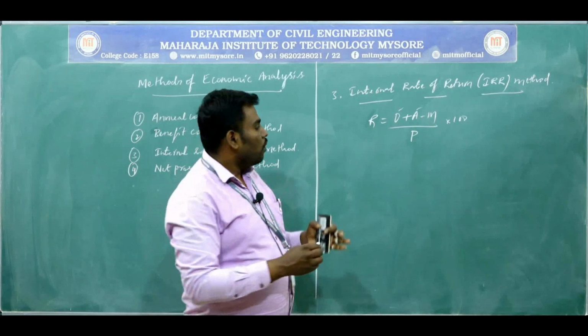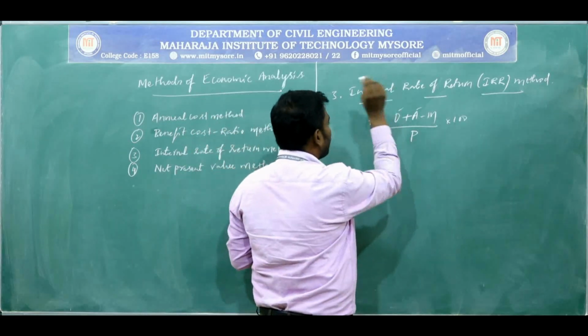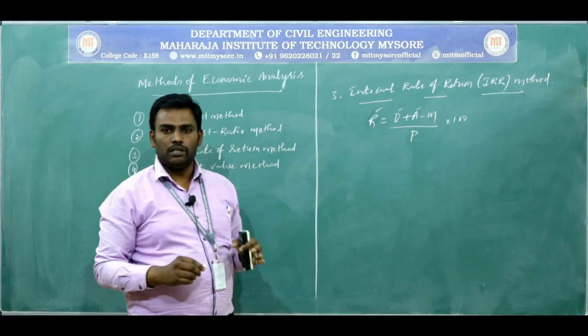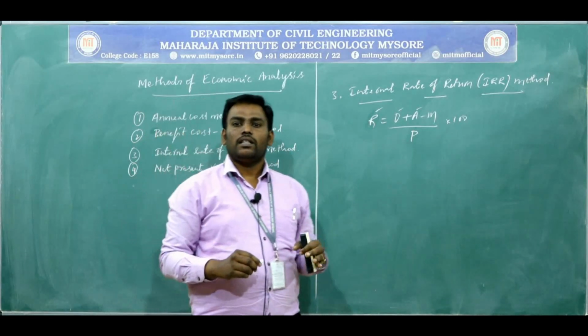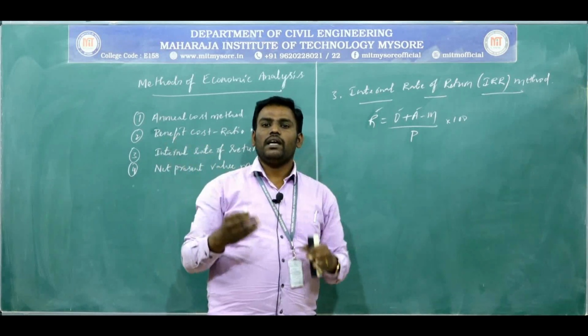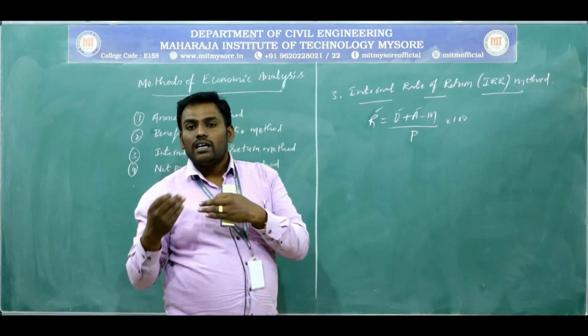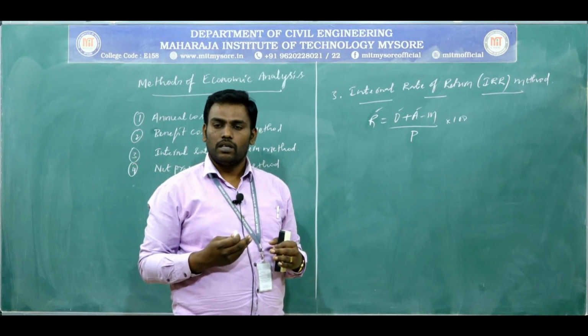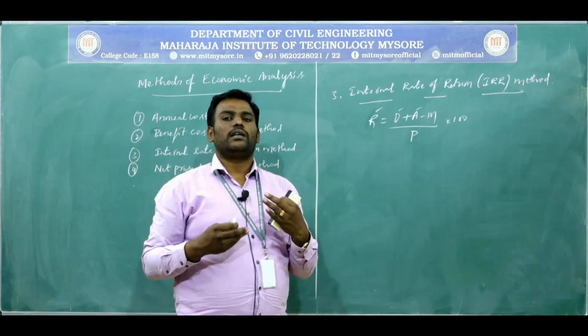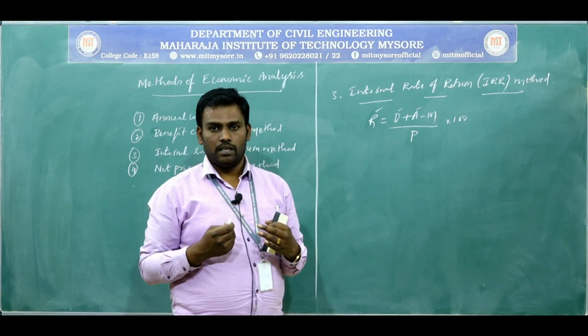Usually the percentage of rate of return obtained from this relation should be greater than the rate of return obtained from the market, that is the interest rate from the market value. Then only that proposal is accepted.